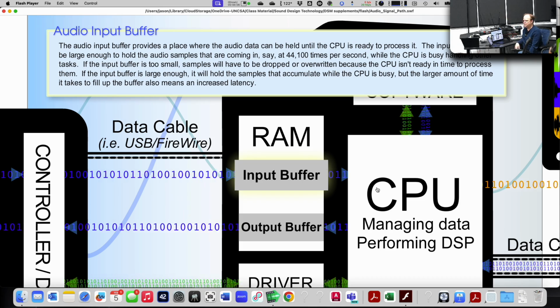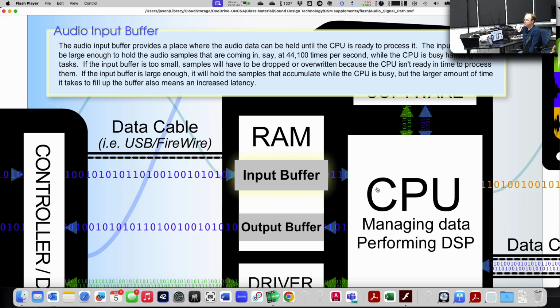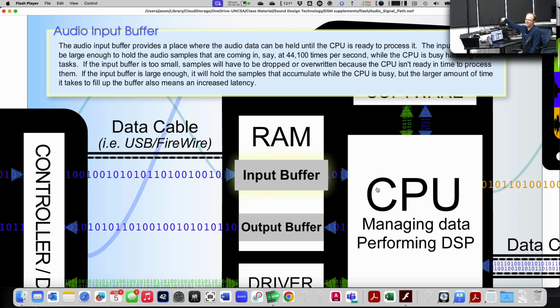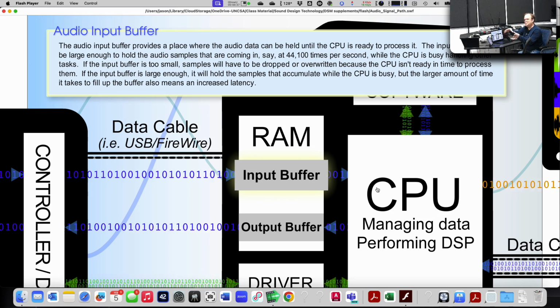You can make the CPUs a lot happier if you give them less things to pay attention to at one time. You could even disconnect them from the internet. Yeah, I was about to say, just turn on airplane mode. Yeah, because if it knows that it's not connected to the internet, then it's going to shut down all the processes that it usually has to check on things online, right? It's oh, I'm not even connected, so I'll just shut down all those processes, and that's less work it has to do as well. So anything you can do to make the CPU's life a little easier, that means it can pay more attention to your audio.